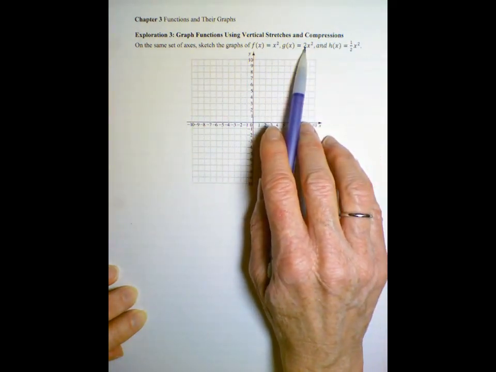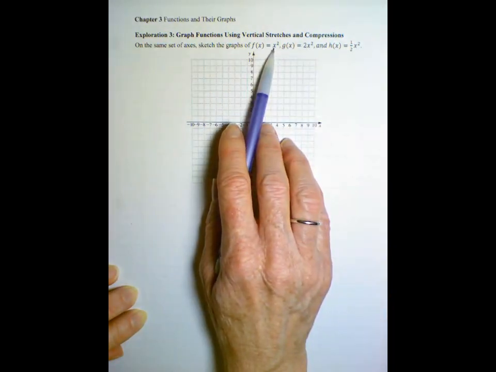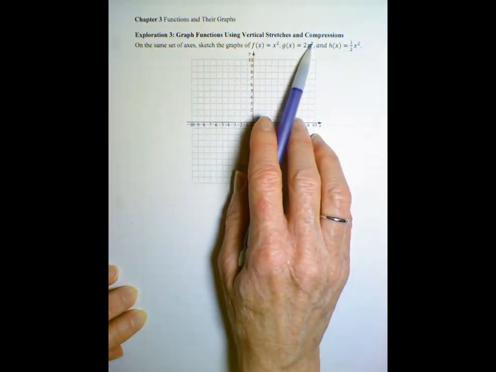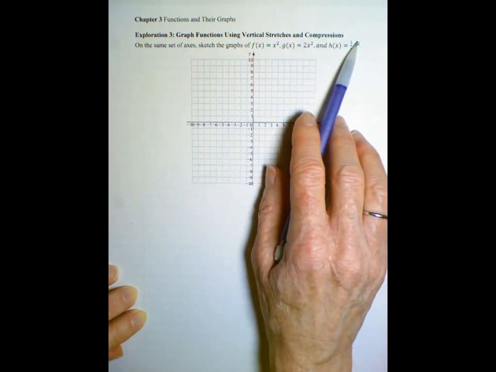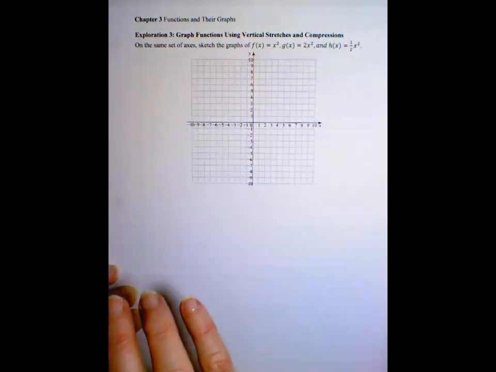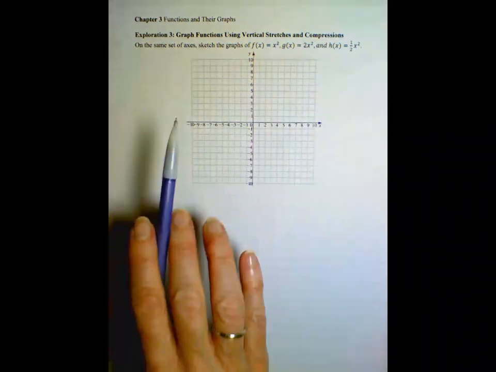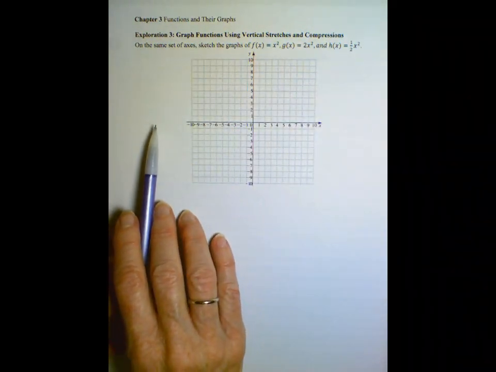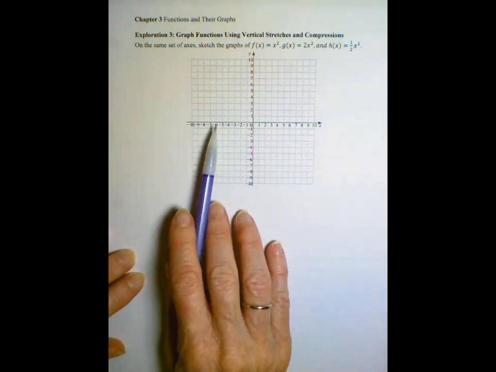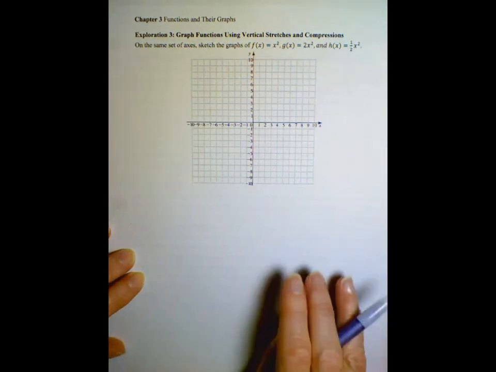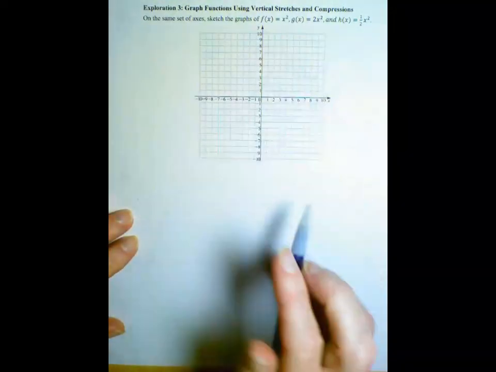So this transformation is taking place outside of the original function. We do the original function, then multiply by 2. Evaluate the original function, then multiply by half. So this should be similar to what we saw outside the function in exploration number 1, where we squared x, then added 2. Okay, so we're supposed to sketch all 3 of these.